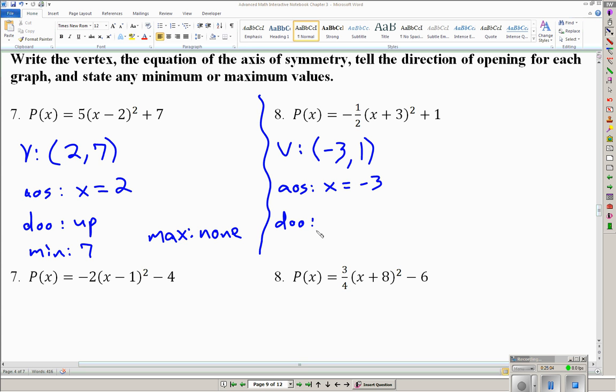The direction of opening, a is negative, so it opens down. When it opens down, it has a maximum value. Maximum value is k, that's a 1. Whether it's a maximum or minimum, it's still the k value. And since it has a maximum, there is no minimum, so minimum is none.